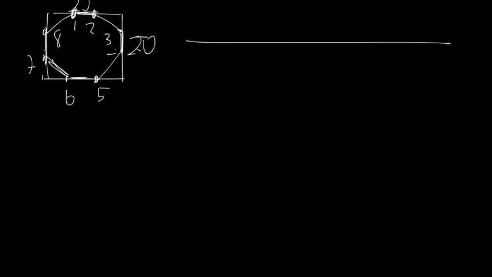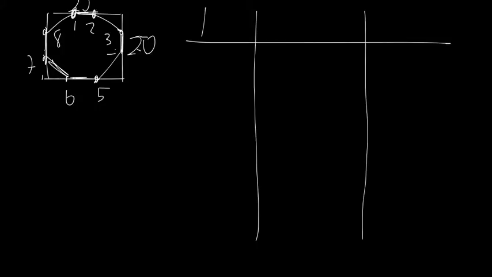So if we number these, 2, 3, 4, 5, 6, 7, and 8. Let's draw a little grid over here so we can see what these values are. So there's your point. It's going to be 1, 2, 3, 4, 5, etc. That's going to be the x value and the y value.